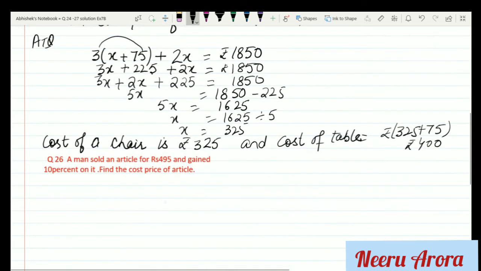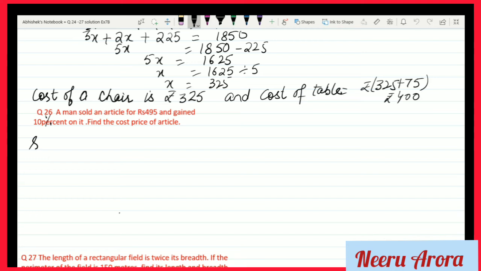Now look at the next question. A man sold an article for rupees 495. Here it is given: selling price of an article is equal to rupees 495 and gained 10% on it.